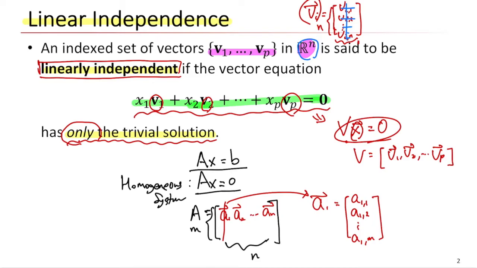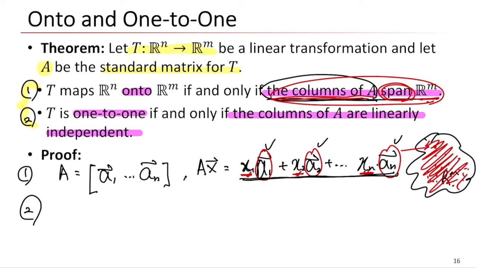Here, also linearly independent. If there is only the trivial solution of Ax equals 0, it means that x1 and x2 up to xp are going to be 0, right? So this is linear independence, right?